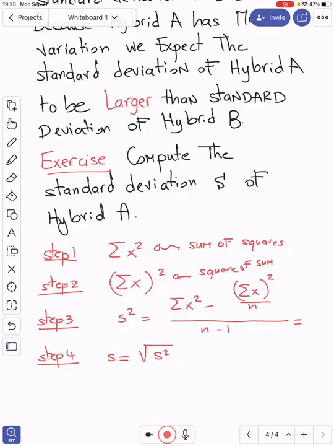Okay, guys, anyway, we're gonna do one more example. Again, because you need to know how to do these computations. I'm gonna go over this first, and then I will give you another different exercise.